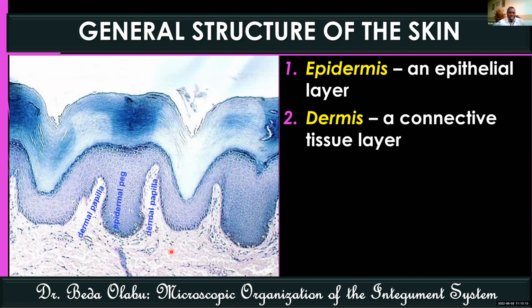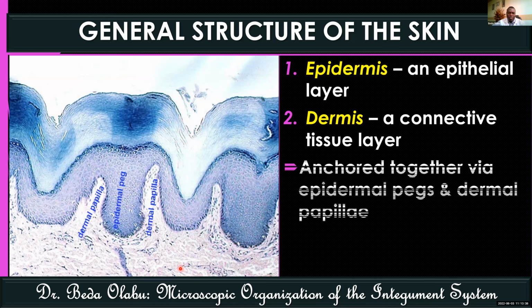So remember, epidermis is epithelium, and I hope you remember that it's stratified squamous keratinized epithelium. And then the dermis is fibrous connective tissue with two parts. This part here, the papillary dermis or dermal papilla, is loose connective tissue, and the deeper part of the dermis, the reticular dermis, is dense irregular connective tissue.